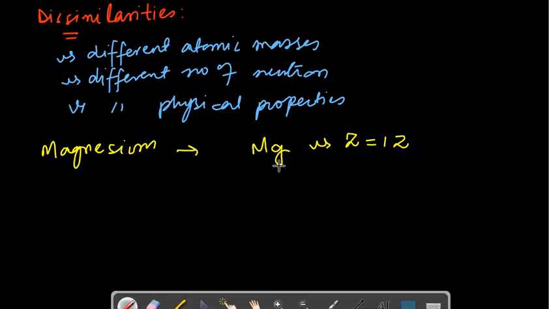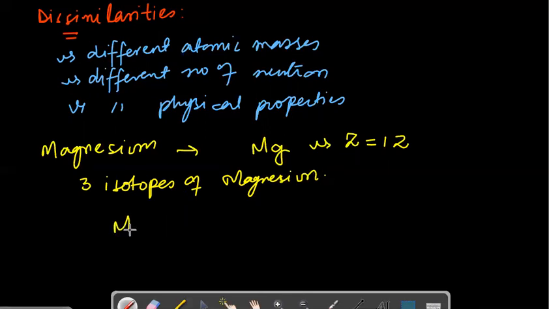It has an atomic number of 12, which means it will have 12 protons. There are three isotopes of magnesium. What are the three isotopes of magnesium?